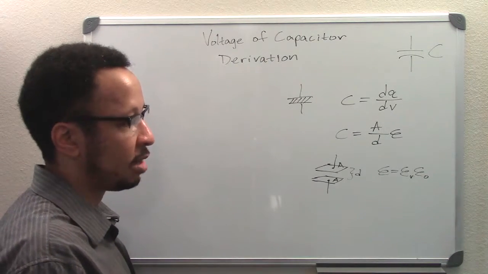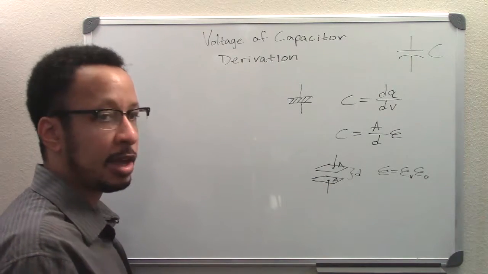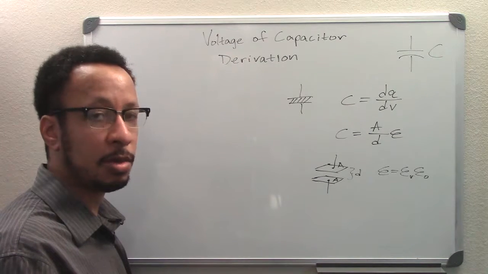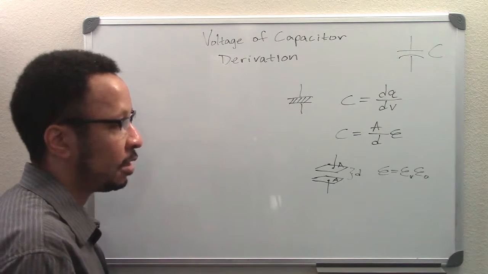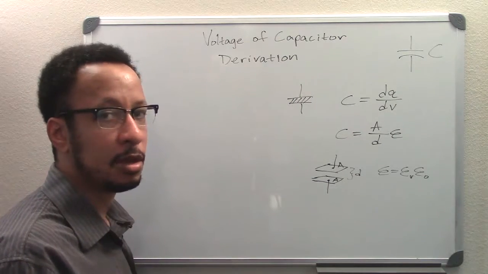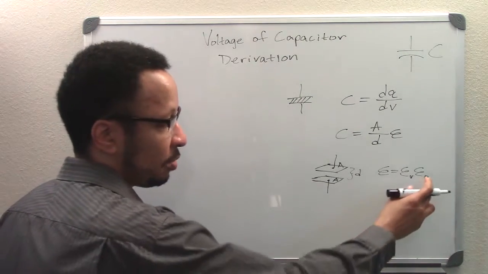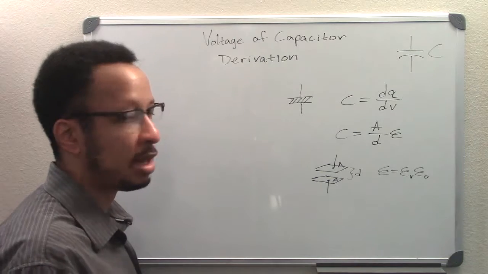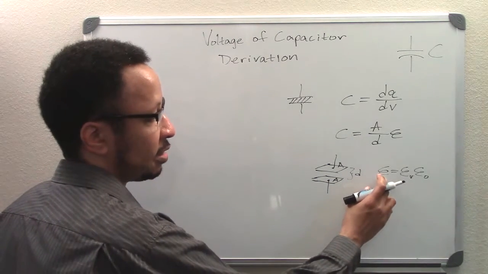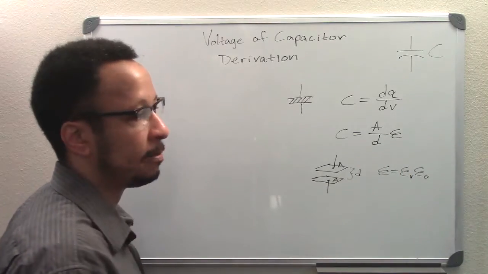All of that has relative permittivity, and you'll look that up in the back of a textbook, probably in the appendix. You'll find different measures of relative permittivity for different materials. The permittivity of free space is a constant, it's a universal constant, and so that's how you get this constant of epsilon that you will apply here.